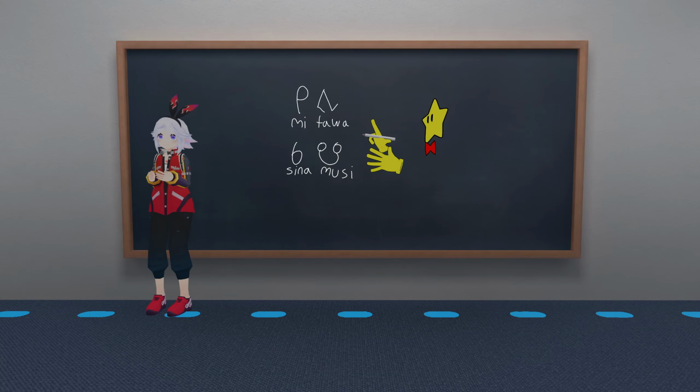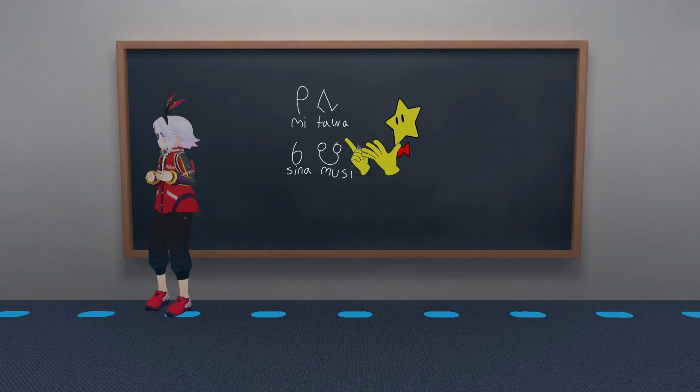Because Toki Pona also doesn't have any indication of time in its words. Like in English, we have would, will have been, all sorts of different tenses for things being expressed at different times.